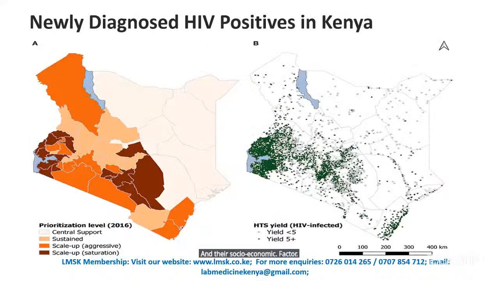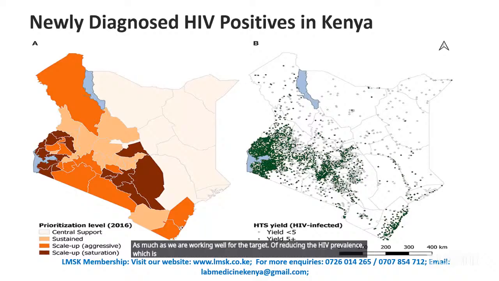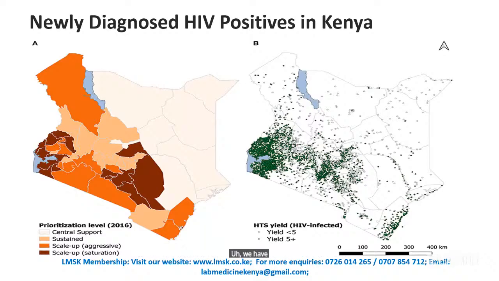Now let's look at the countrywide situation, our country, Kenya. As much as we are working well toward the target of reducing the HIV prevalence by 2030, we have moved a step according to the journal of 2020. We are at 84% for the identified people having HIV.